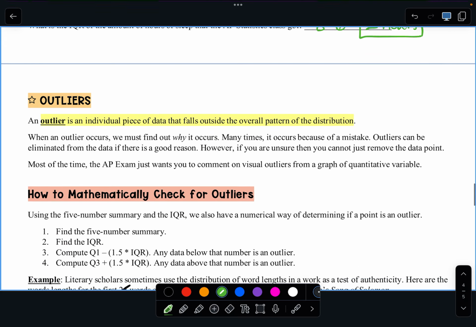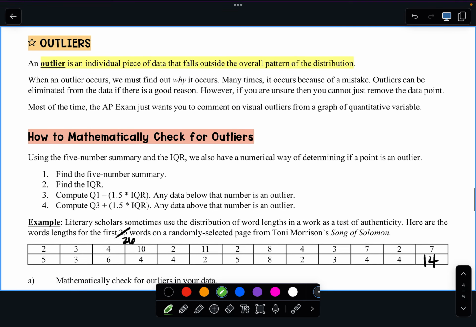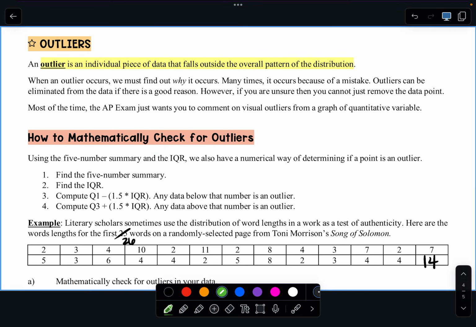Outliers is the last thing we'll talk about because we use them in order to graph our box plots. If you only have a graph and it's a histogram and you don't know the exact data values because we lose them in histograms, that is when you can visually comment on outliers.